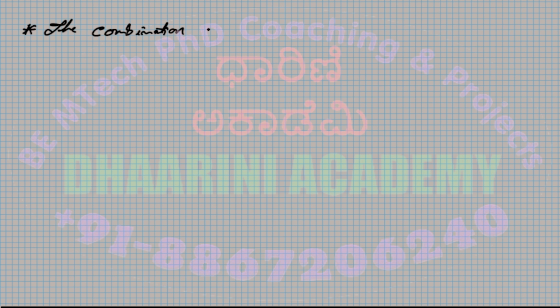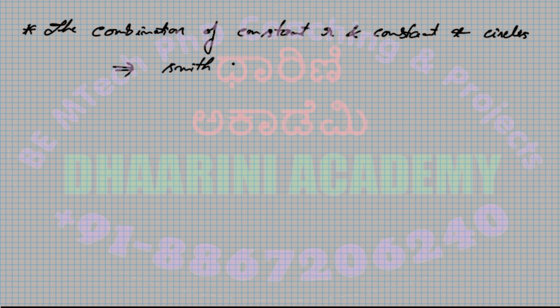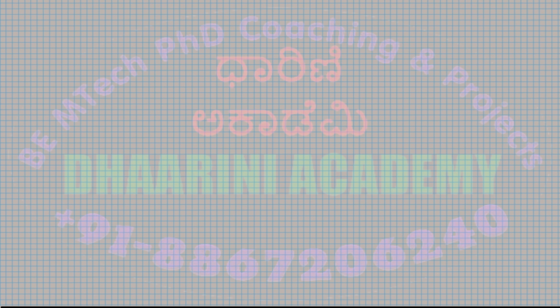The combination of the constant r and the constant x circles means we have a basic Smith chart in place. So let's look at that now.